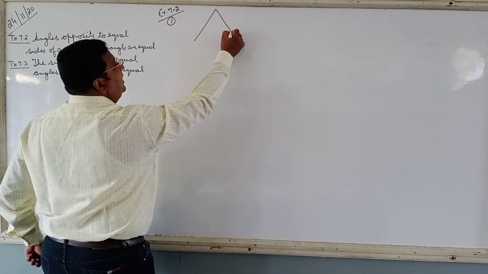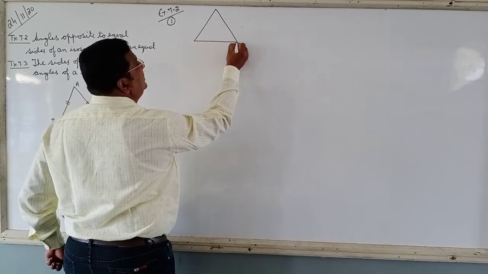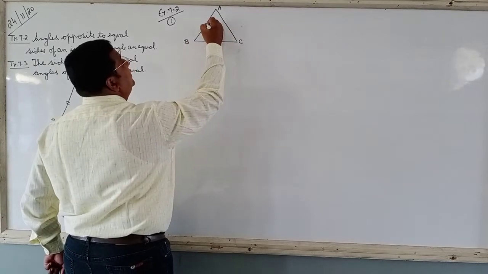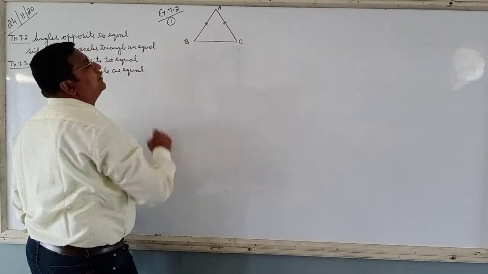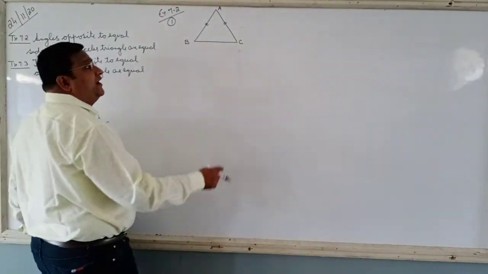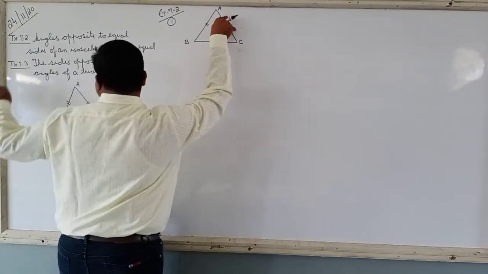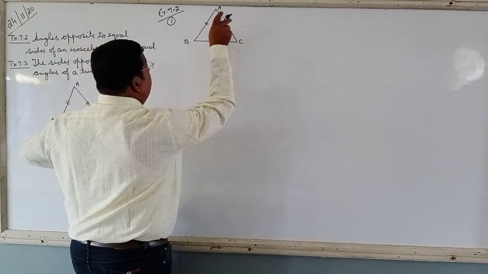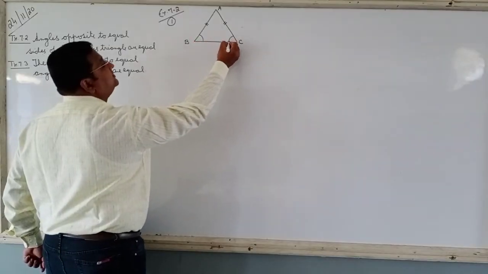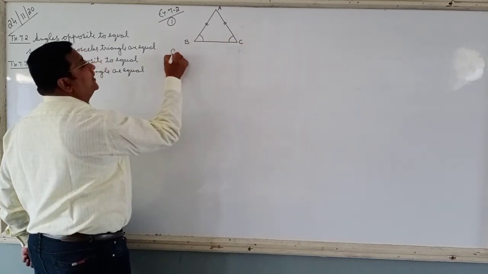This is an isosceles triangle ABC with AB equal to AC. Definitely, if these two sides are equal, angles opposite to them are also equal. So angle B will be equal to angle C. Yes or no? What is given to us?